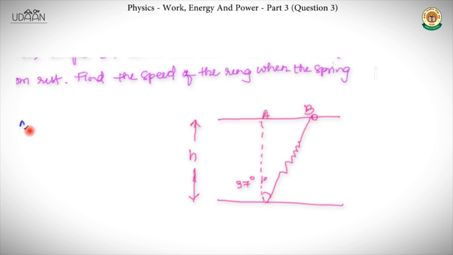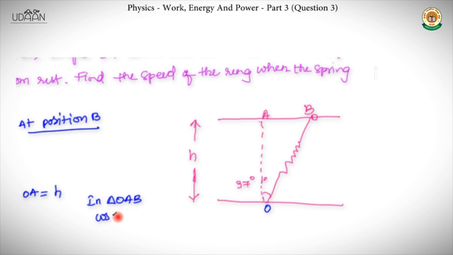So you're writing energy at point B. At point B, we'll check what is the elongation in the spring. Let us take this point as O. We know OA is equal to height h, and in triangle OAB, cos 37 degrees is equal to AO by OB.